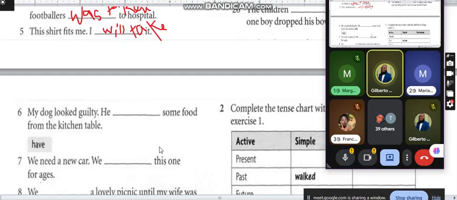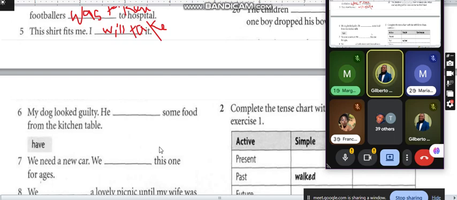Myra, what's your idea for number six? My dog looked guilty. He took some food from the kitchen table. It's a past simple.